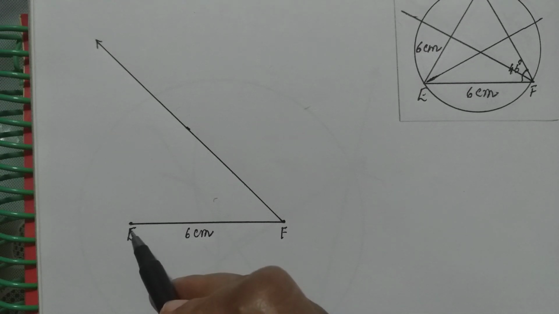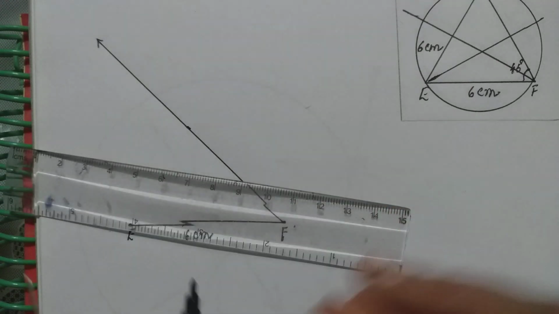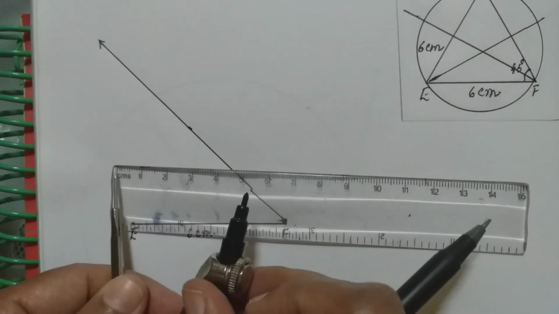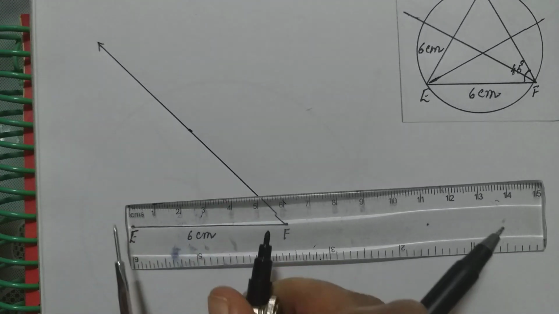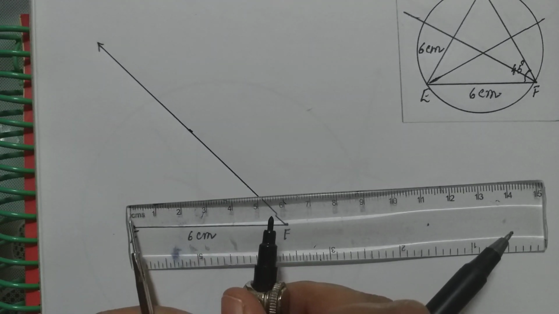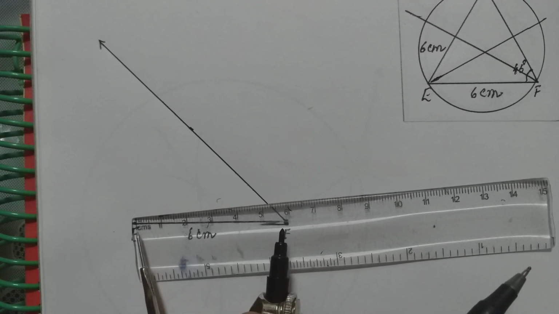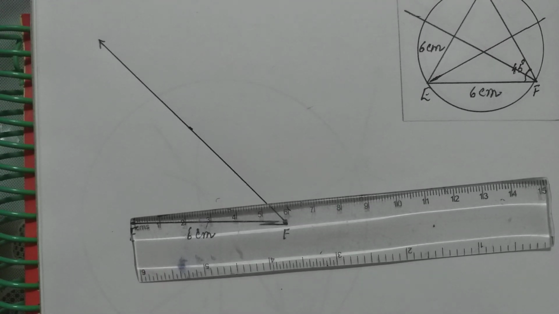Also they have said that DE is 6 centimeters. So with the rounder, we take the measurement on the scale as 6 centimeter. This is 6 centimeter.